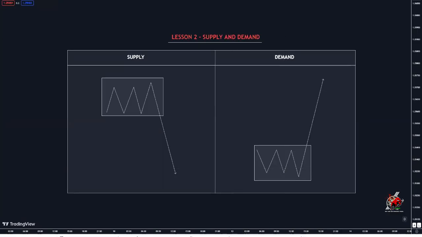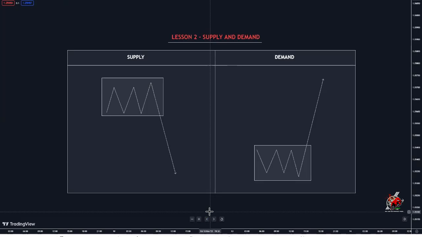Now to cut the confusion, supply and demand are classified as consolidation areas. So when you mark supply and demand areas, you mark the whole consolidation. But in the way we approach this, we actually refine it.